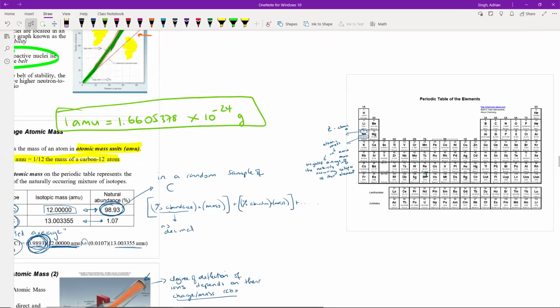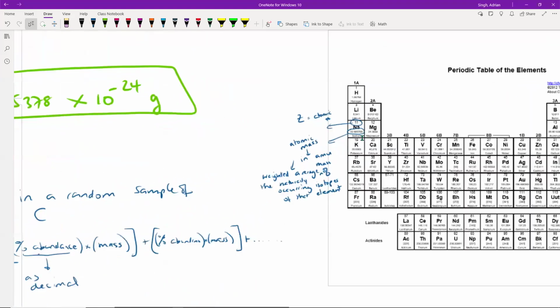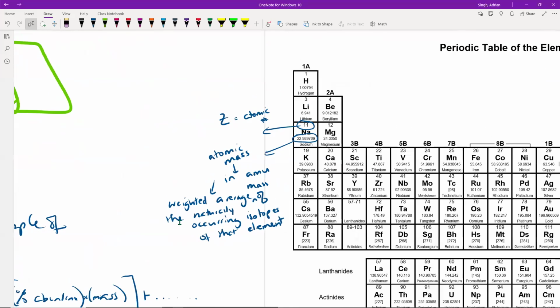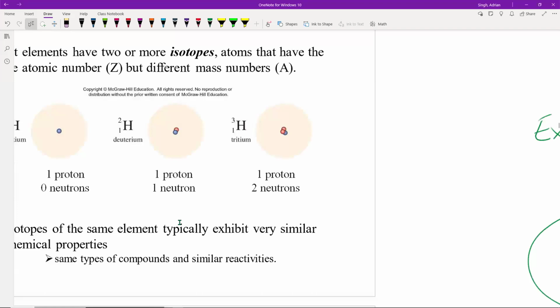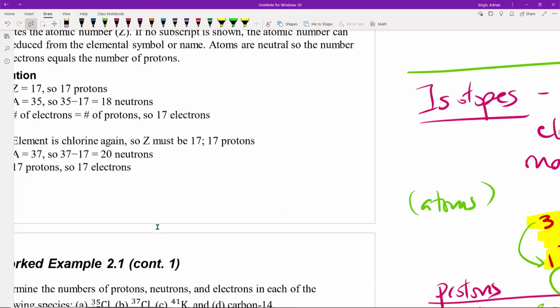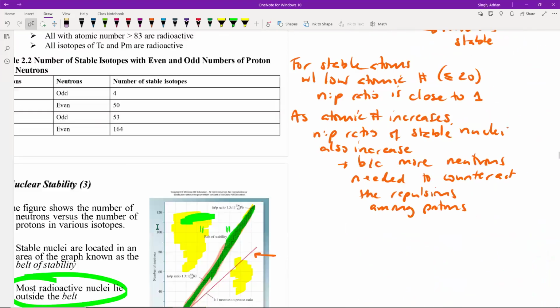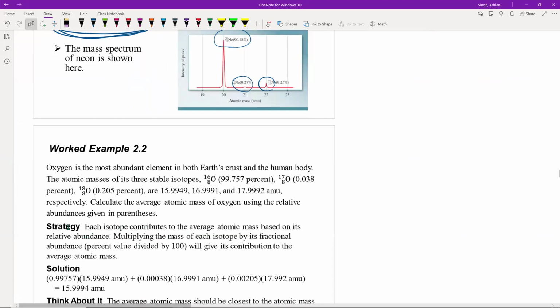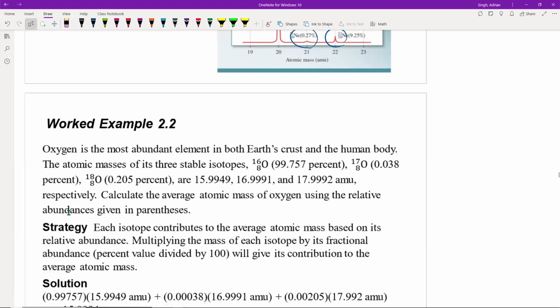The number that you see on the periodic table, that's typically a decimal, is the average atomic mass for that particular element, and that is derived by taking into account the percent abundance of the different isotopes for that element. So let's take a look at an example of how we can calculate the average mass.